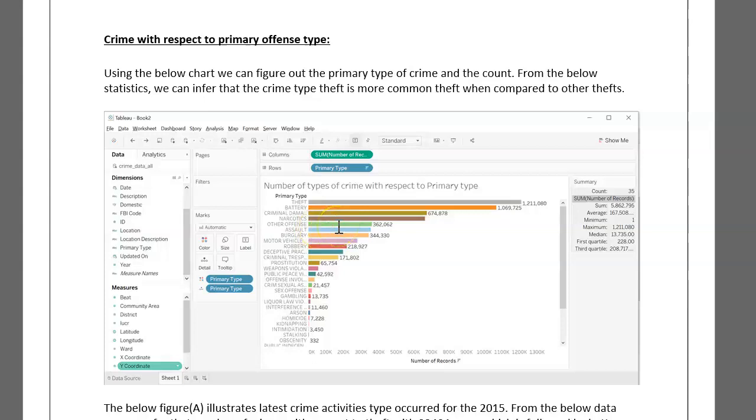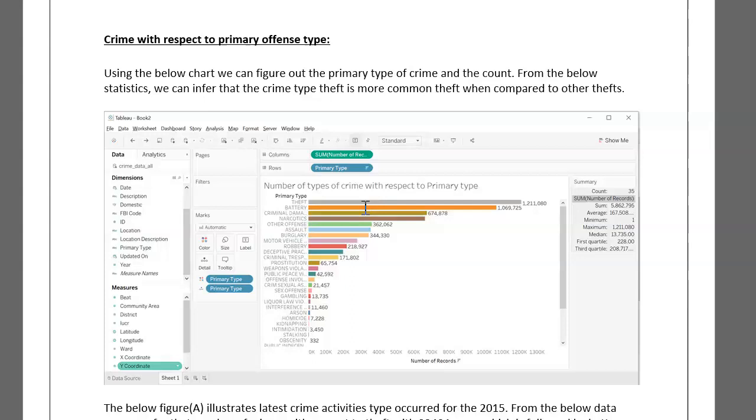This chart is across all the years, and if you see here, the majority is going to be theft, the second is battery, the third is criminal damage, and the fourth is narcotics. The first two take the maximum share.